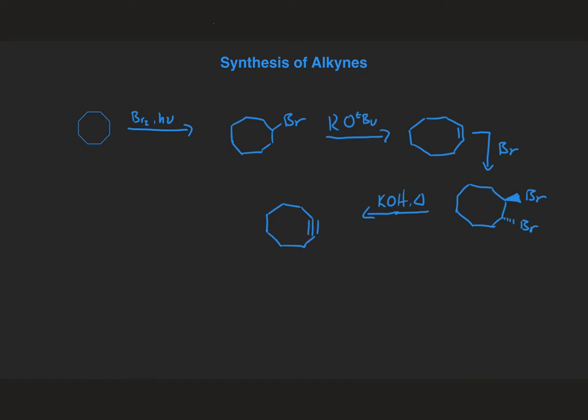Now I chose cyclooctane here as the cyclic molecule because an 8-membered ring is really the smallest ring that can incorporate an alkyne, because these bond angles here really want to be 180 degrees, but that's hard to do in a cyclic molecule, and so a cyclooctyne is the smallest cyclic alkyne that's stable.